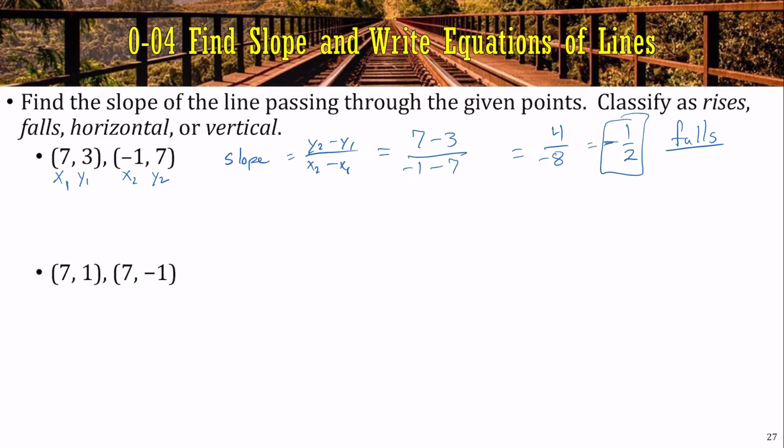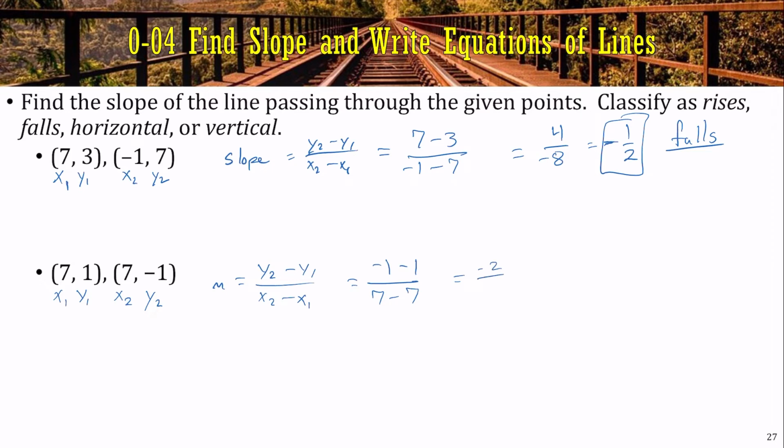Try another one. Again, our slope is y2 minus y1 over x2 minus x1. I'll call my first point x1, y1, second point x2, y2. Plug those in. y2 is negative 1, y1 is 1. x2 is 7, x1 is 7.